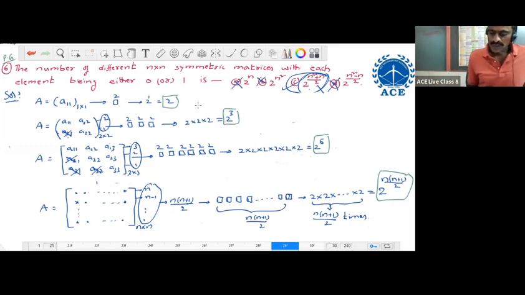For every order, if you observe the final result: 2 power 1, 2 power 3, 2 power 6, 2 power n into n plus 1 by 2.